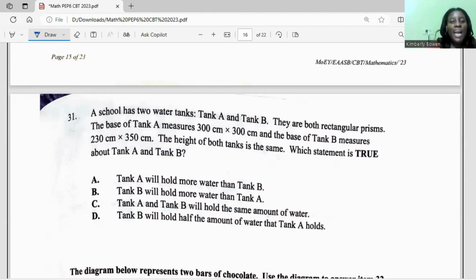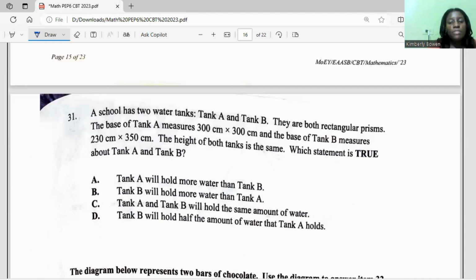A school has 2 water tanks, tank A and tank B. They are both rectangular cuboids. The base of tank A measures 300 centimeters by 300 centimeters.